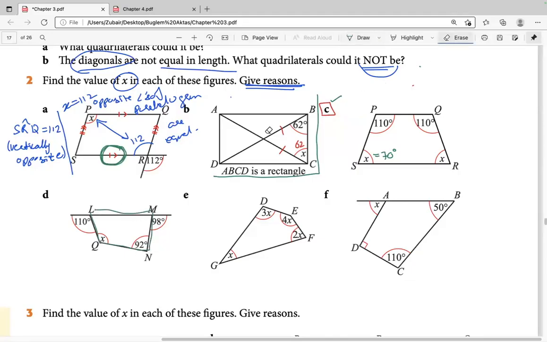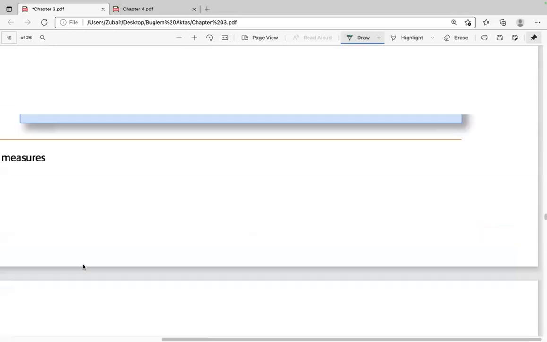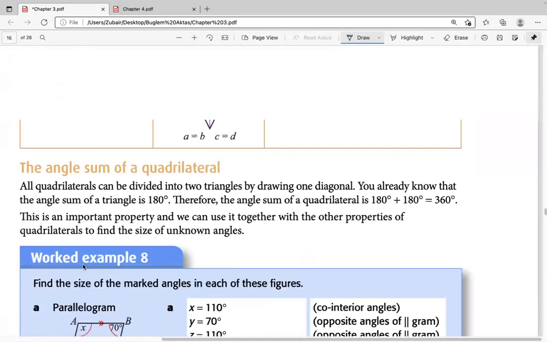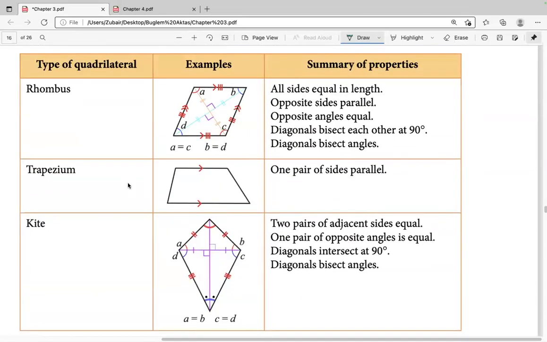Is this a trapezium? We have a special property for a trapezium. It is four-sided and has one pair of parallel sides. One pair of parallel sides must be there. If not, it is a random four-sided figure.